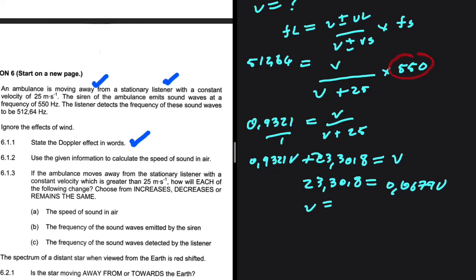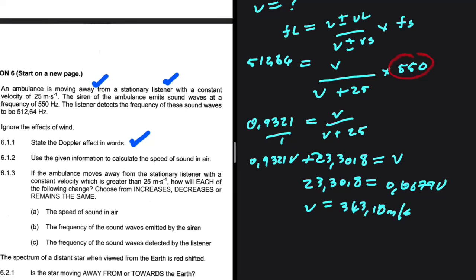I'm going to divide both sides by the coefficient of V, which is 0.0679. Okay, if I do that, I'm getting 343.18 meters per second. I'm quite happy with this answer because this is the value we usually get.